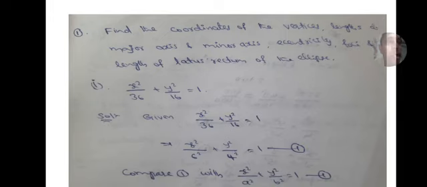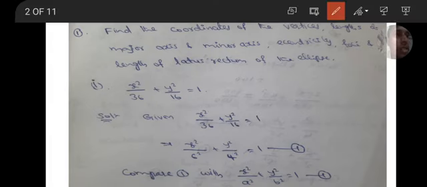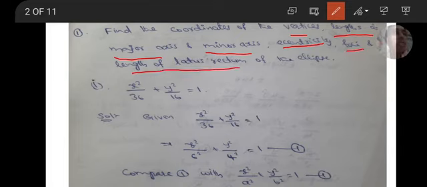So, find the coordinates of the vertices, lengths of major axis and minor axis, eccentricity, foci, and length of lateral rectum of the ellipse.